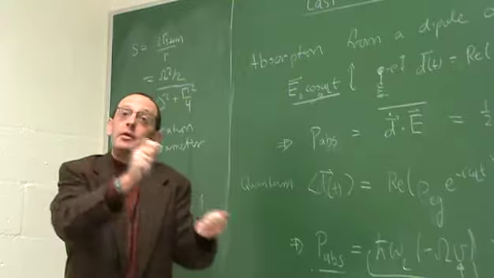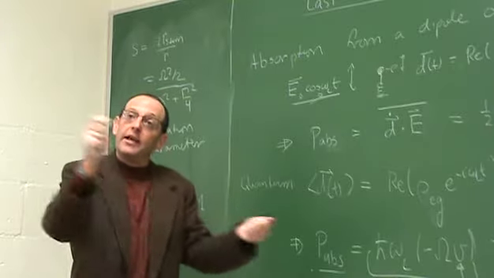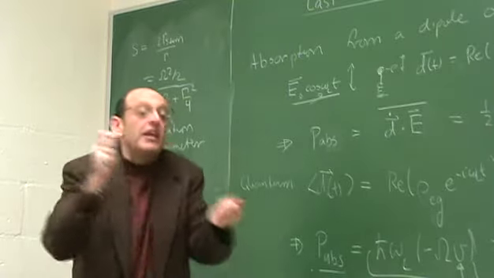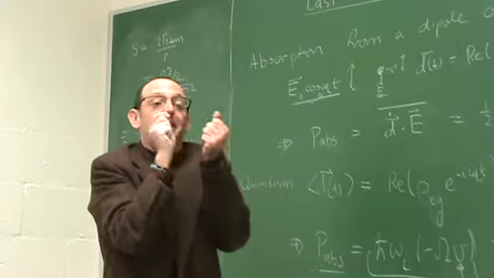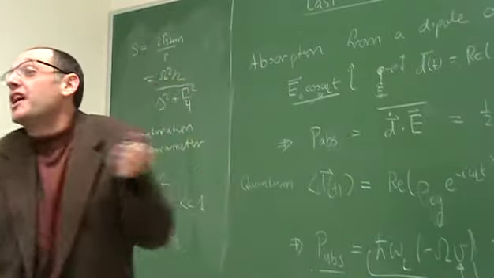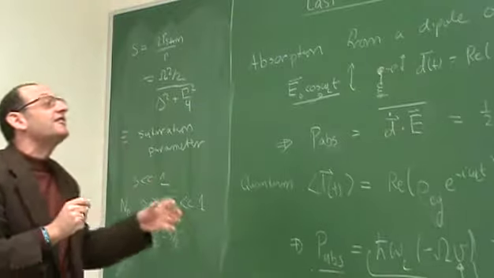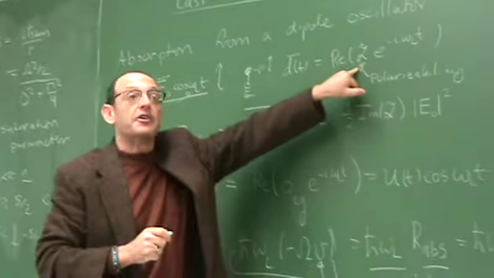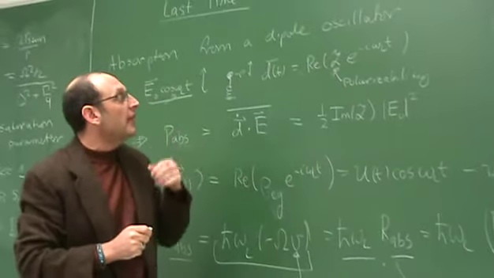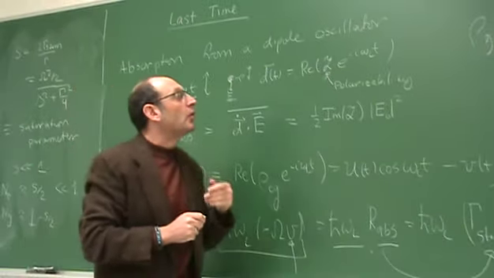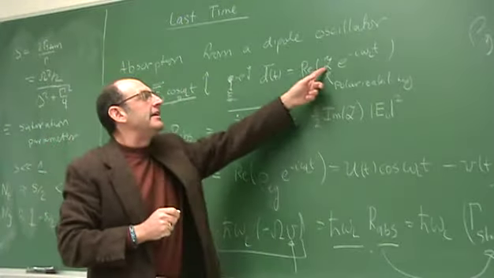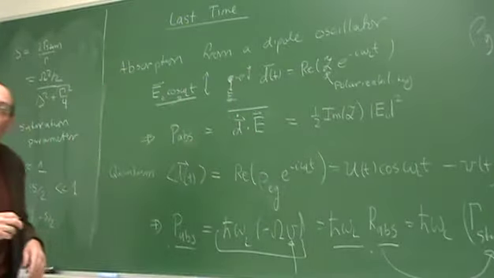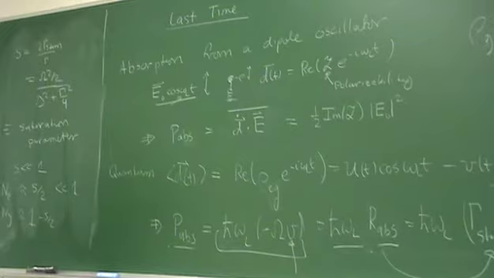This is the regime in which I can think about my atom as a linear response. When the saturation parameter is small compared to 1, most of the population stays in the ground state. I create a little bit of coherence, a little bit of oscillation. And I can really, in that case, think about my two-level atom, or my atom in general with a near resonance, as a linear responder. That's to say, it has a linear response function where the polarizability is independent of the intensity. It's some number that depends on the oscillator strengths.